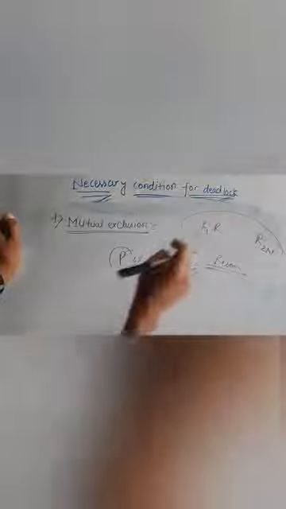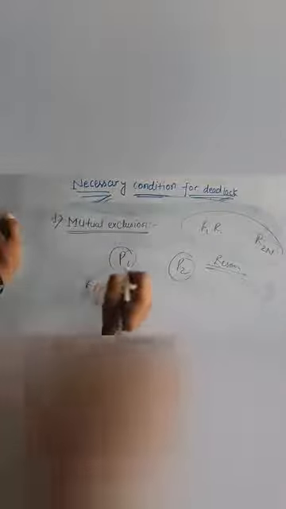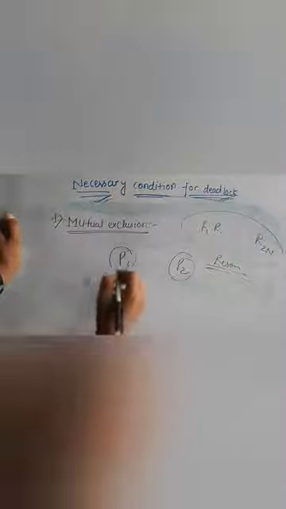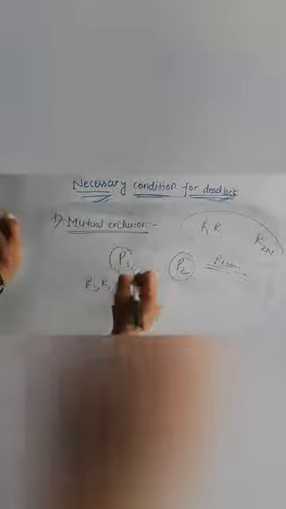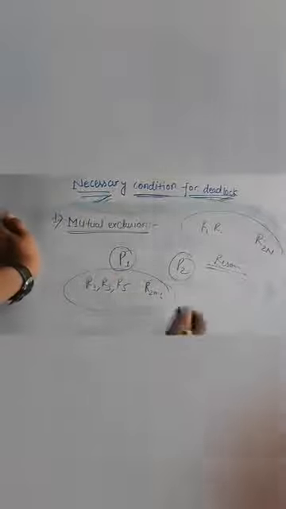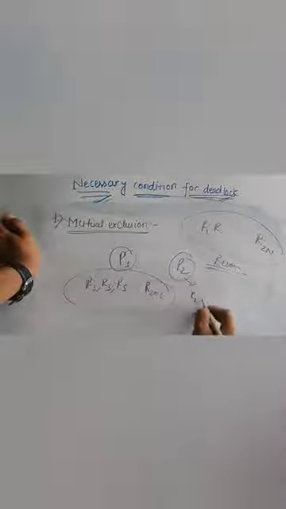Now let R1 be allocated to P1, R3 allocated to P1, R5 allocated to P1. In a similar way, P1 is allocated R2n-1, and P2 is allocated R2, R4, R6. In a similar way, R2n.